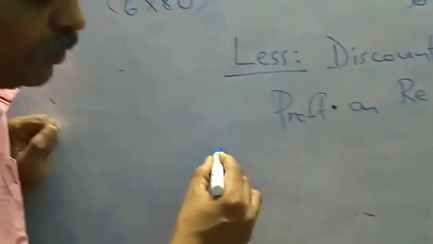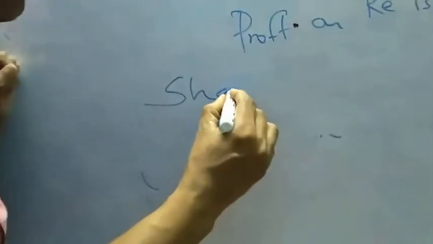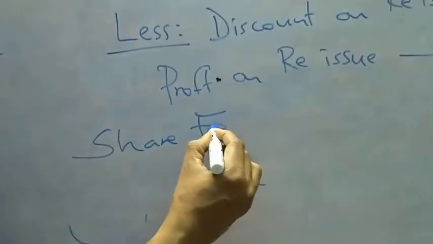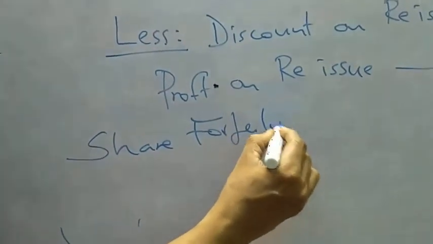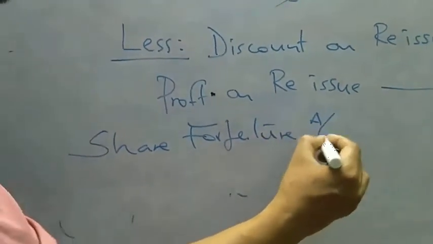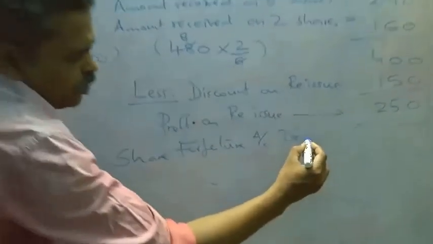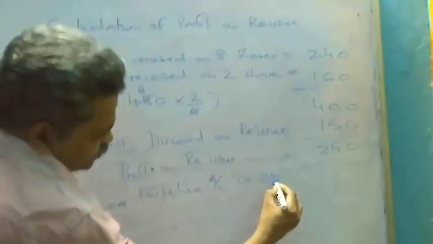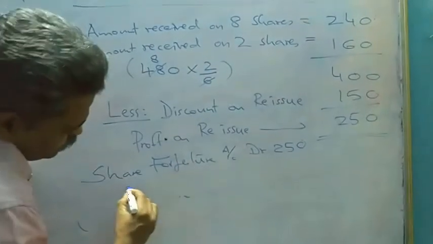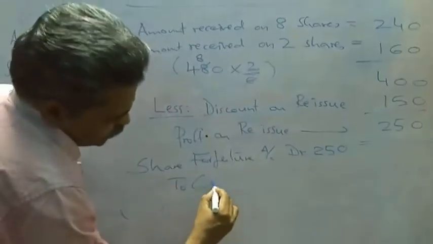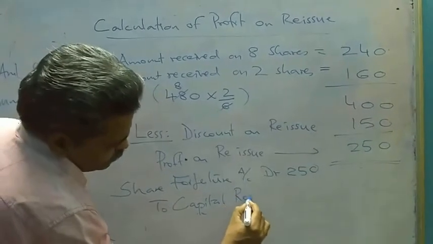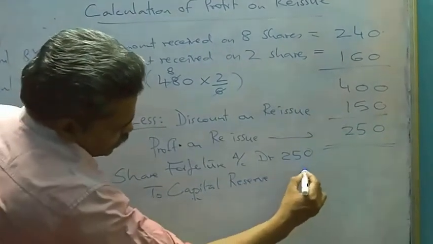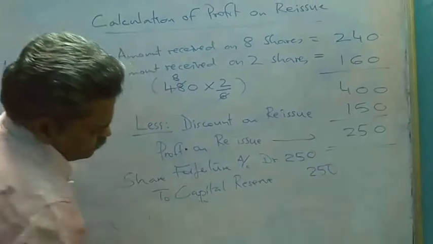Entry is very simple here. Share forfeiture account debit, 250 rupees. To capital reserve account, 250 rupees.